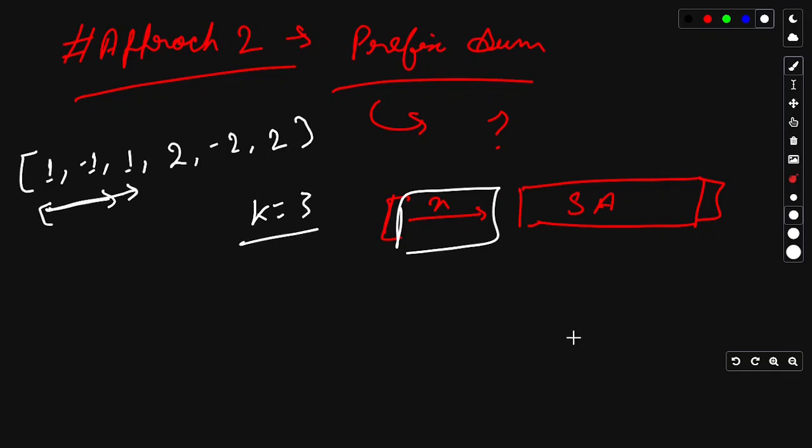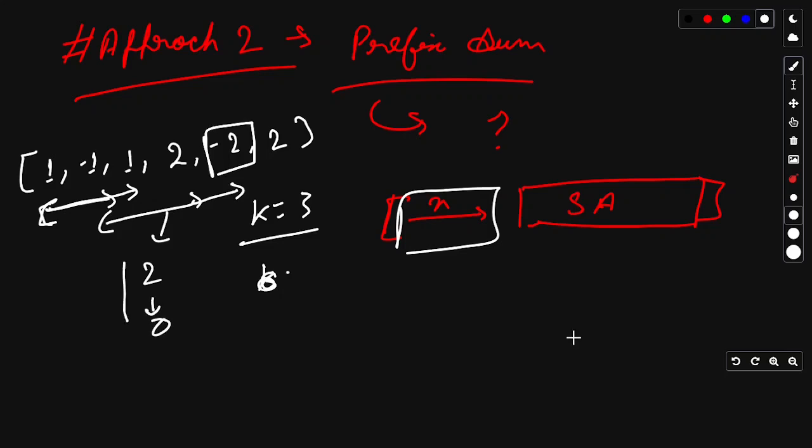Maybe here we have minus 1, 1, whose summation is 2. Since k is 3, we have to increase the size of the window. We increase it and then get minus 2, which decreases the sum to 0. So we don't really know if by increasing the window size we will increase the sum or not, right?